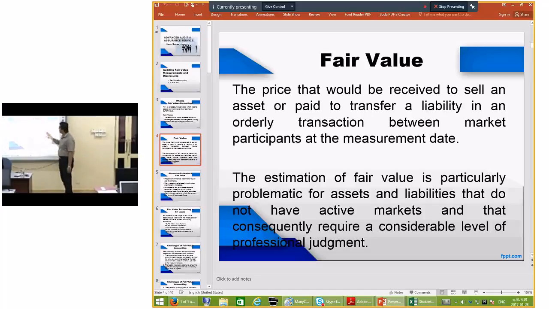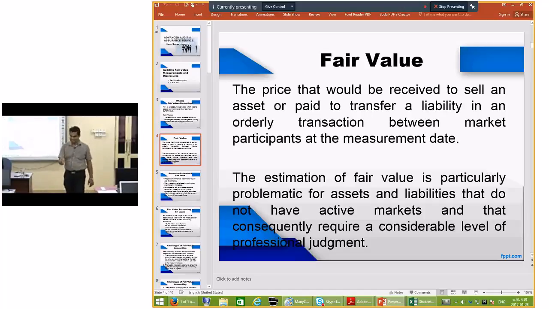The price that would be received to sell an asset or pay to transfer a liability in an orderly transaction between market participants at the measurement date. Take one by one. In an orderly transaction, what do you mean by orderly transaction?